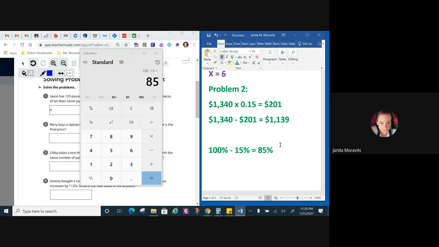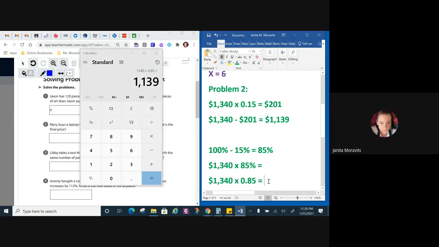So if we take the original price, $1,340, and we multiply that times 85%, we will find out how much it is. 1,340 times 0.85. When we work that out, we should come out with the same number we did when we found 15% and then subtracted it. 1,340 times 0.85 is equal to 1,139.